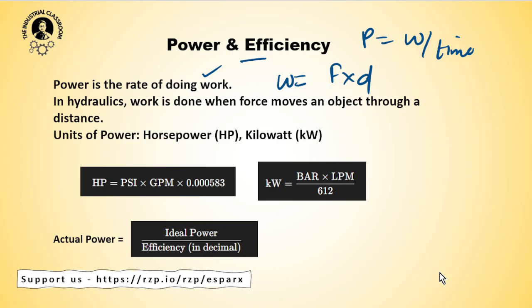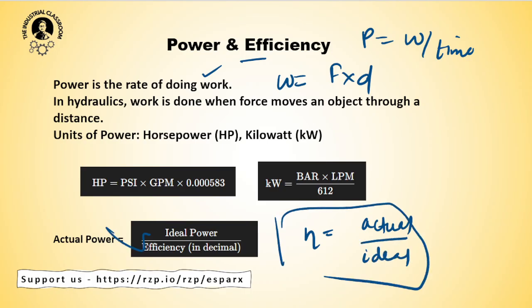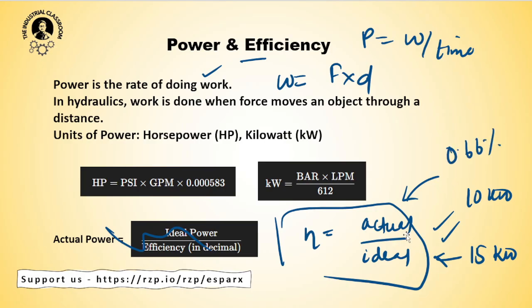Remember that efficiency is equal to actual power divided by ideal power. Don't memorize this incorrectly. Efficiency is equal to actual by ideal. Let us take the ideal power as 15 kilowatt, and actually it is providing 10 kilowatt, so the efficiency will be equal to 10 by 15, that is 2 by 3, which is 0.66, or 66%.